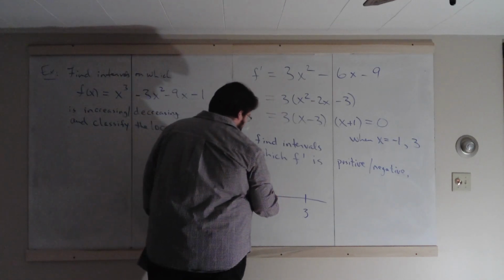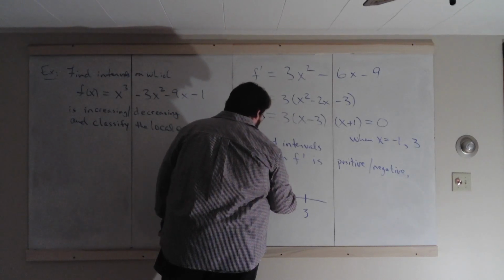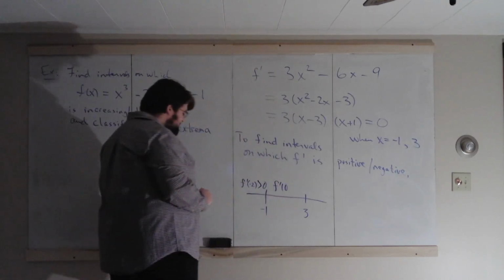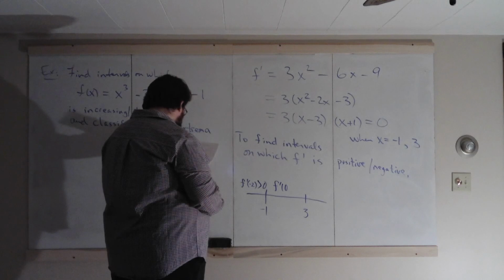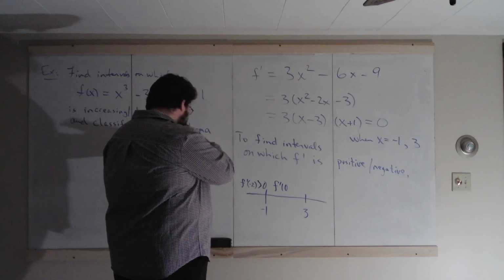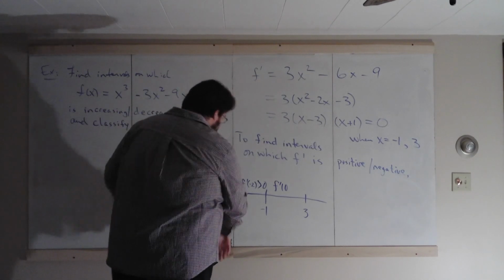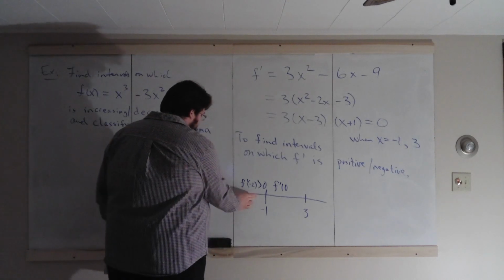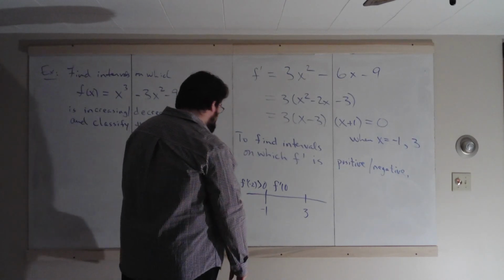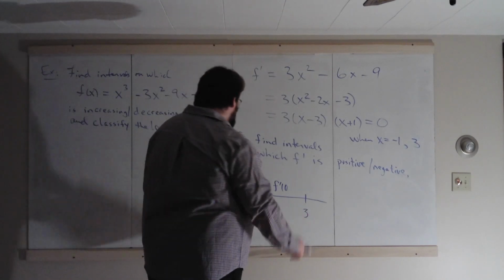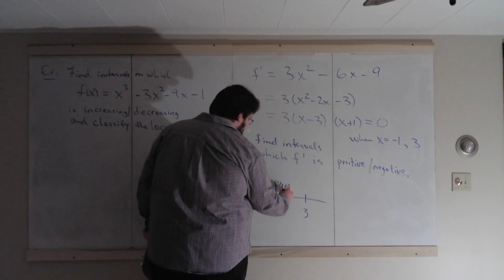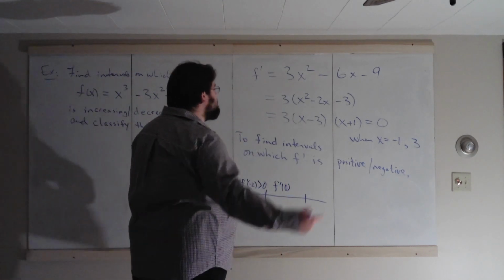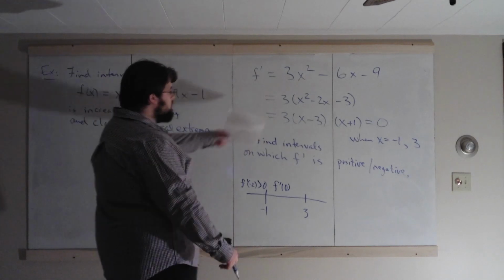How about this middle interval between negative 1 and 3? Did I write that like that? I'm debating if I want to put these under rather than over. Now I'll leave them over. A point between negative 1 and 3, I like 0 because 0 is easy to substitute in here.